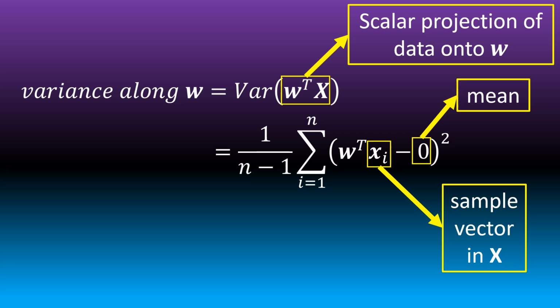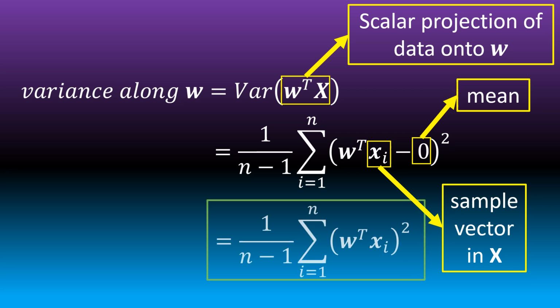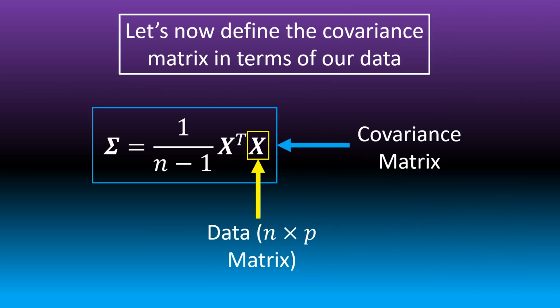Xi is the sample vector in X. It's a column vector, but we actually take the elements across the rows in our data, X. And there you have the formula that we have for the variance along W in the green box.